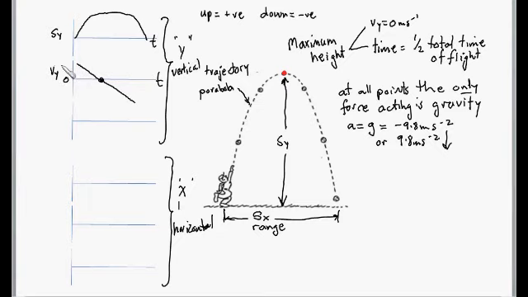It starts off in a positive direction, changes direction at the top, starts coming down, so it becomes negative. And it's a straight line because it is constant acceleration. Next is acceleration in the y direction. It is negative 9.8, so we have a straight line, which doesn't change because gravity doesn't change. So these are the three graphs for vertical motion.